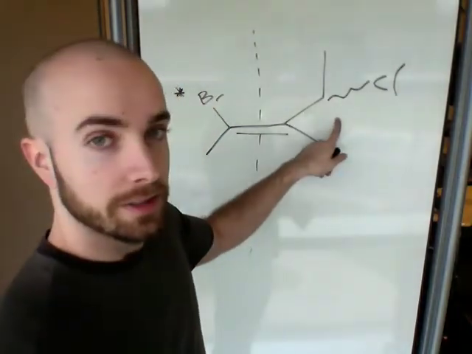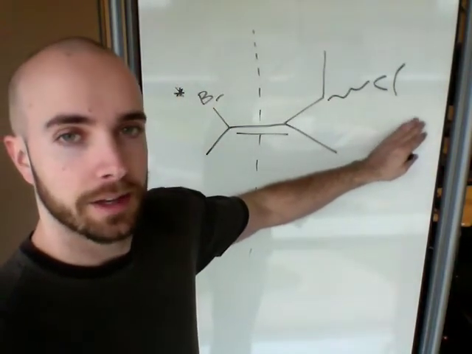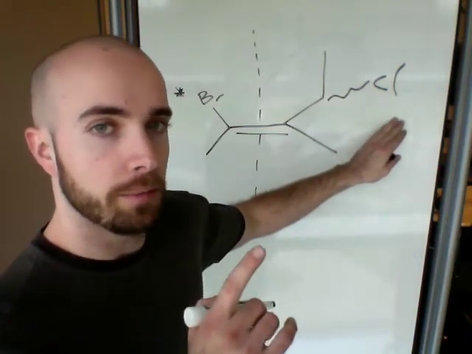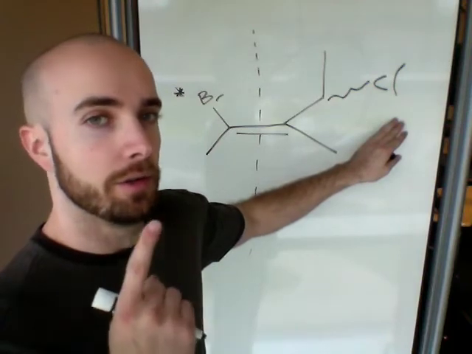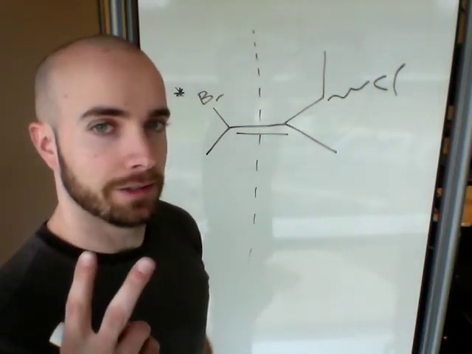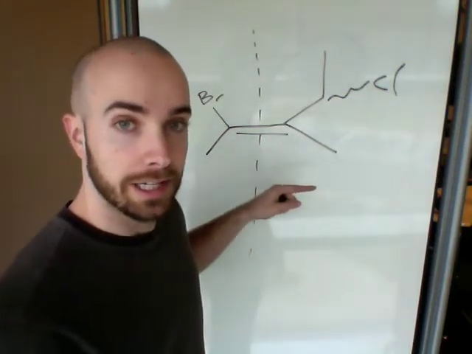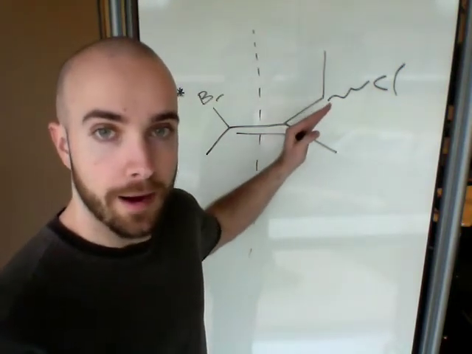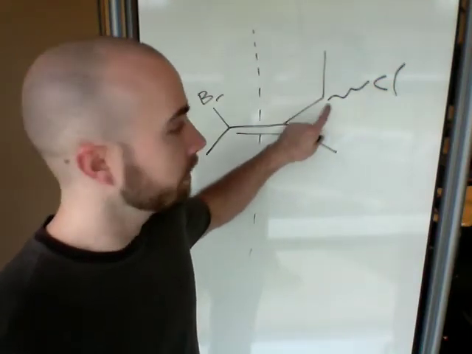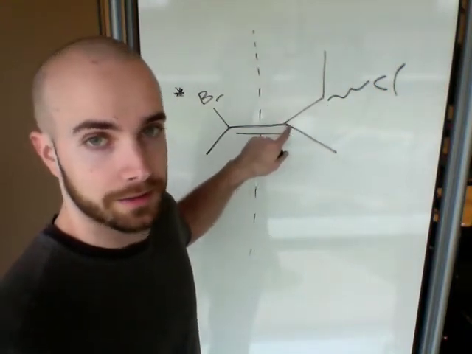We open the parentheses, and then inside the parentheses, we write the three atoms that that carbon is bonded to, ignoring the bond going to either the alkene double bond or the chiral center if we were doing R and S. But in this situation, since we're doing an alkene, we ignore that bond right there, since it's going to the double bond. So what three things is this carbon bonded to that are not this, basically?